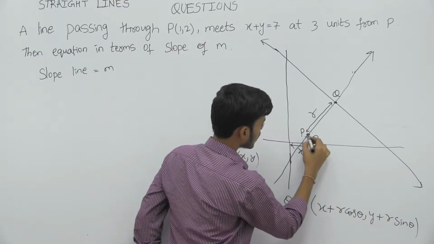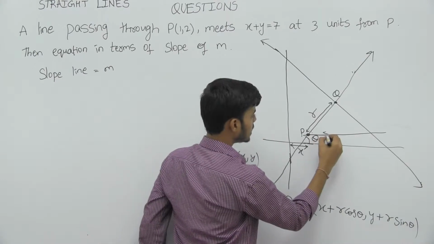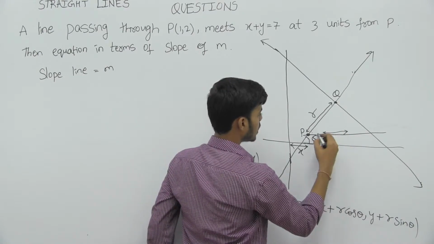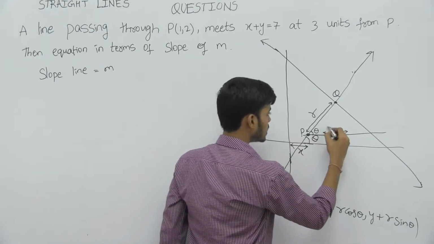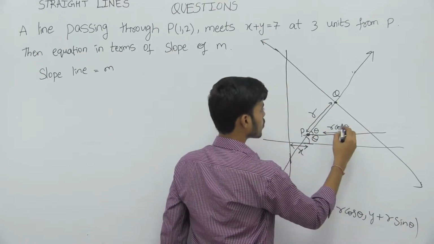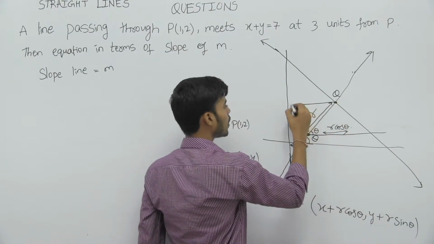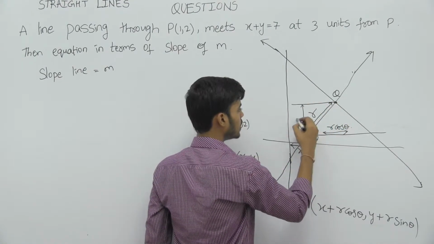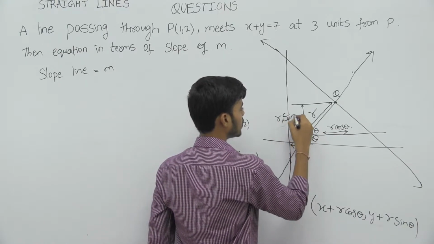If we consider a line from here, this is making theta, so this is r cos theta, and from here to this point this is r sin theta.